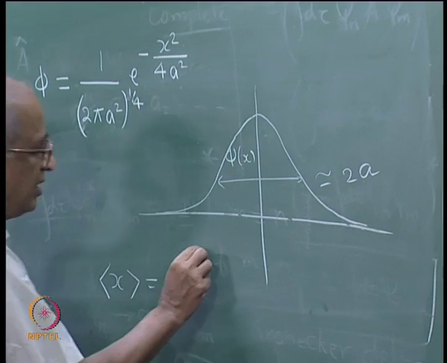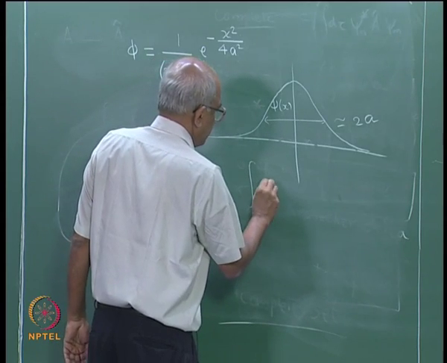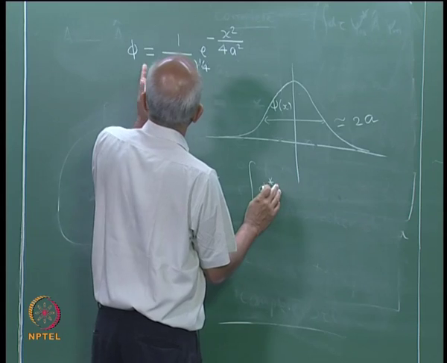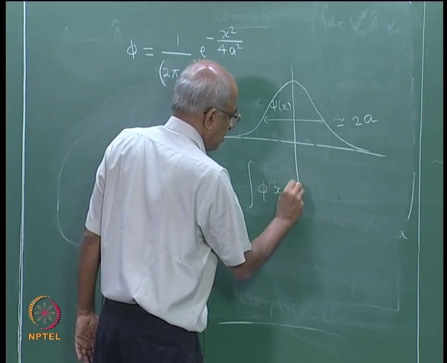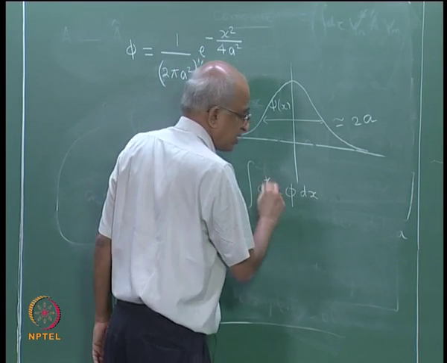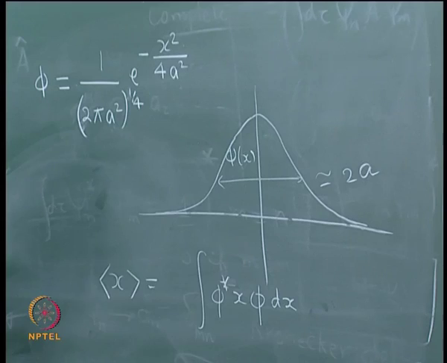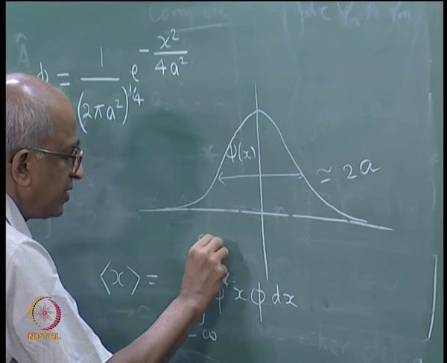What will it be? It is going to be the integral of phi star x phi dx, because this is a one dimensional problem, and the limits of integration are from minus infinity to plus infinity.